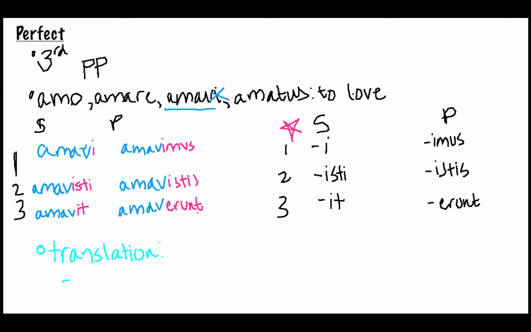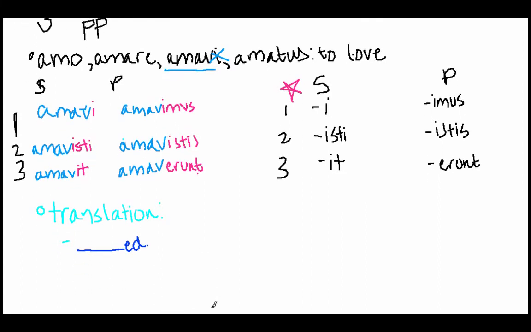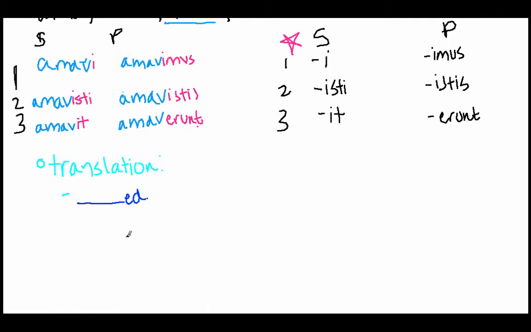And I'll do it in a different color so it stands out more. It can be blanked, or it can be did blank, and finally it can be used to blank. And your verb would obviously go in that blank.